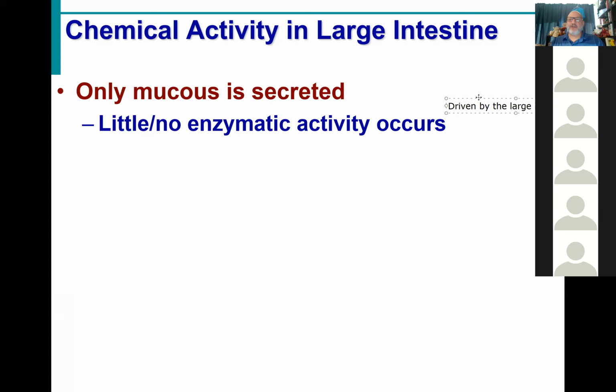There is no pancreas-like gland releasing enzymes into the stomach, no salivary, no lingual glands, no gastric glands producing enzymes and releasing those enzymes into the large intestine. The only major substance that the large intestine produces is mucus, right?